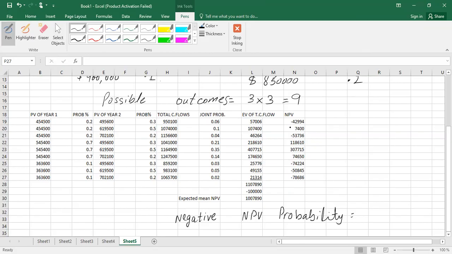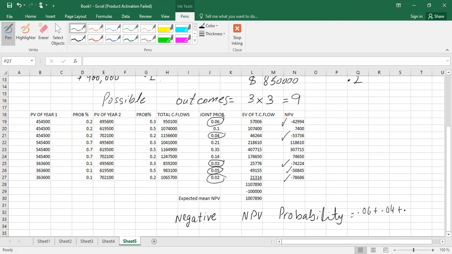So you will see here you have negative and the joint probability is 0.06. Here negative 0.04. Then here negative 0.03. Then here negative 0.05. Here negative 0.02. So add all these values.